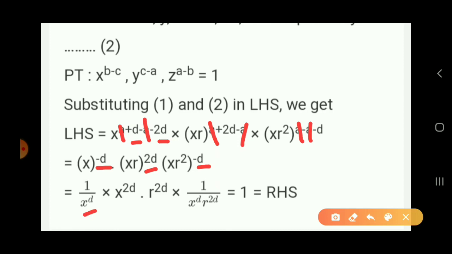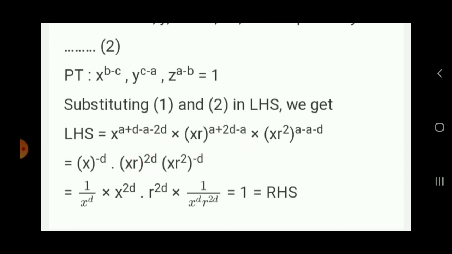This x power 2d is multiplied with XR power 2d. This one, having the minus power, is 1 by x power d, multiplied with x power d and XR power 2d.